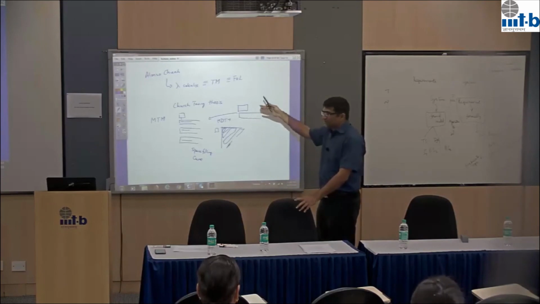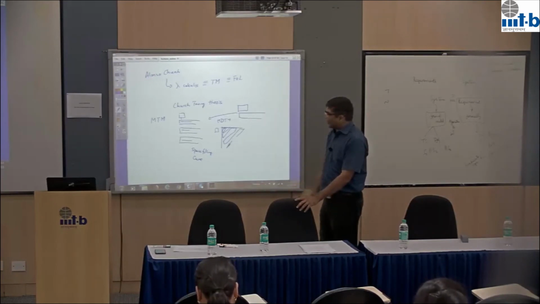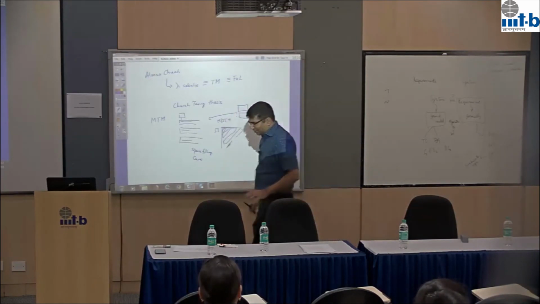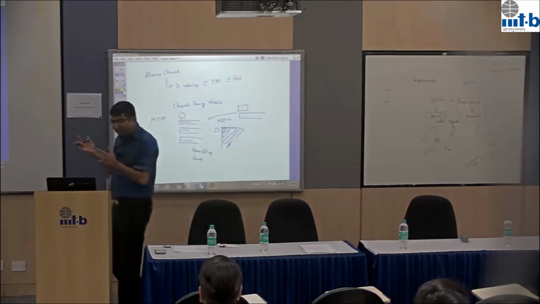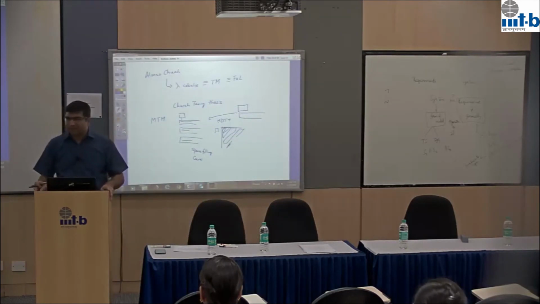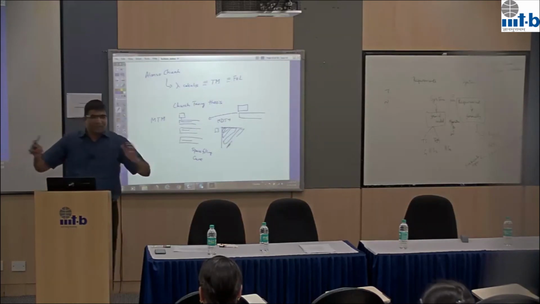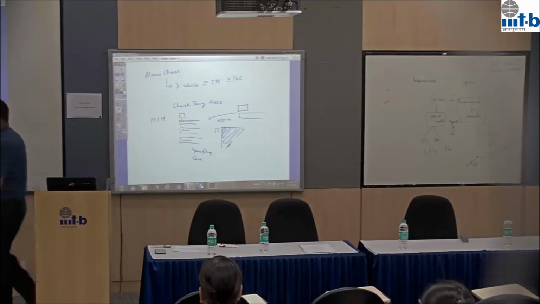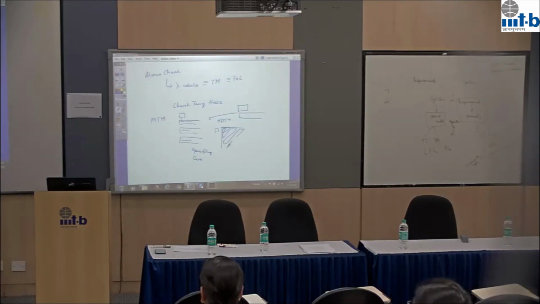And so many attempts at improving this have shown that it's no more expressive than a Turing machine. But a question still remains: can every problem be solved by a Turing machine? So every computable problem can be solved by a Turing machine.